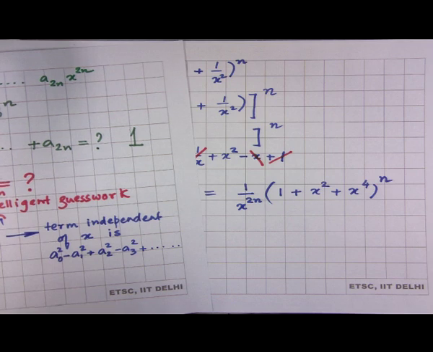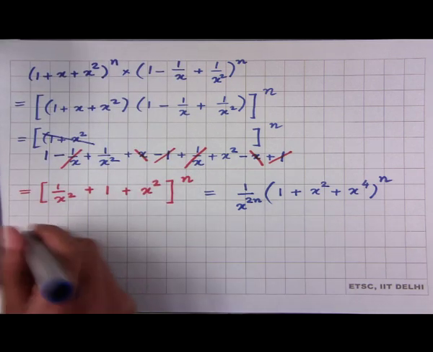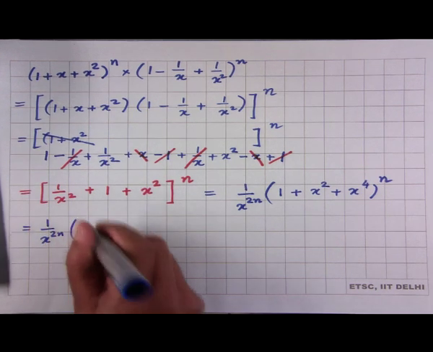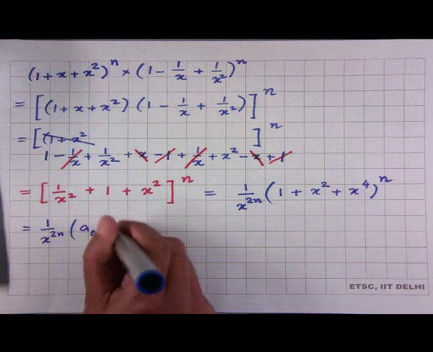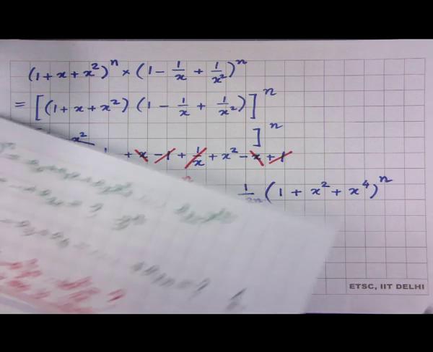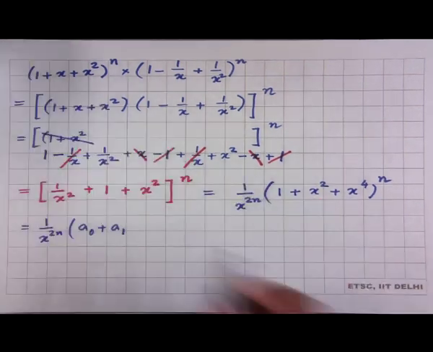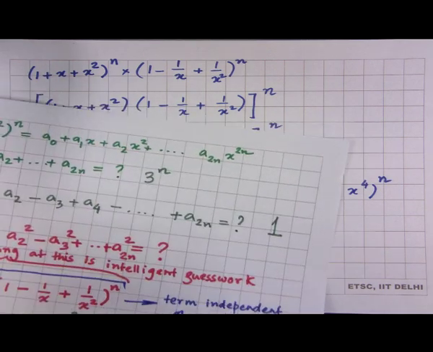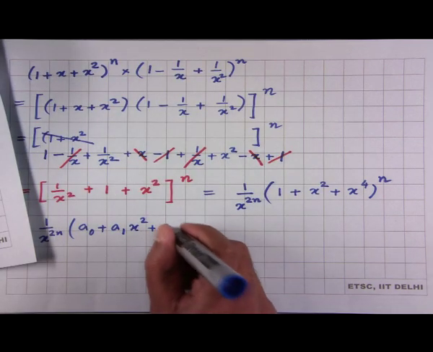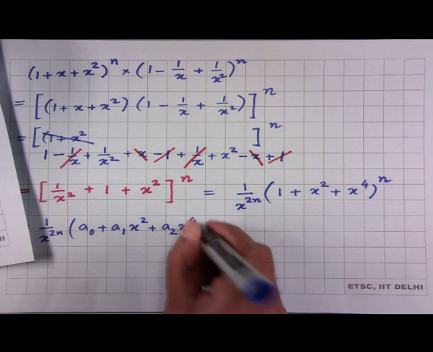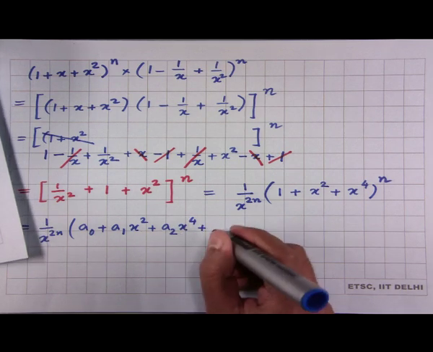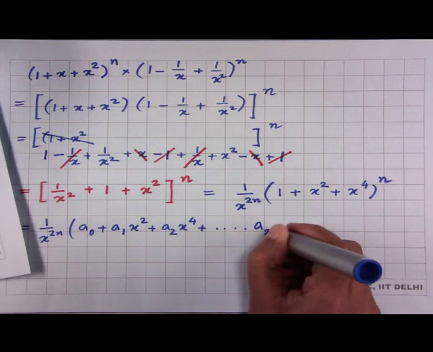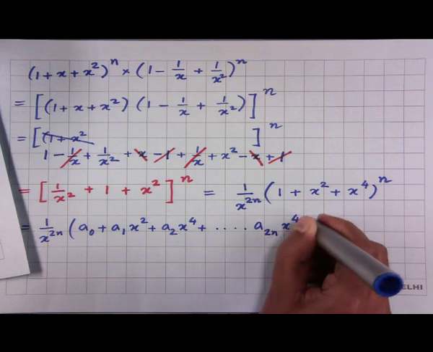right. The format is the same, which means that this is equal to 1 by x power 2n times a naught plus a 1, the format where x is equal to x squared. So, a 1 x squared plus a 2 x power 4 plus dot dot dot a 2n x power 4n.